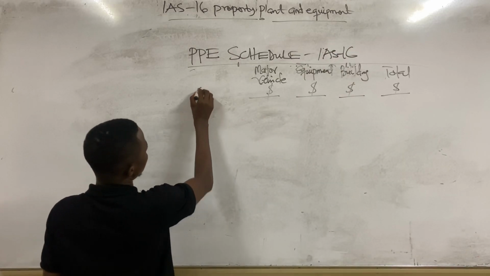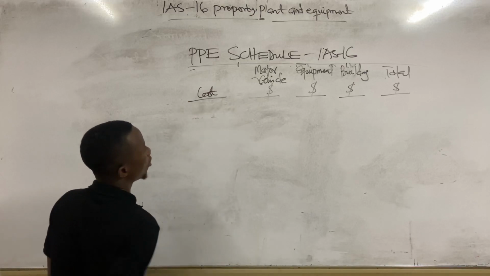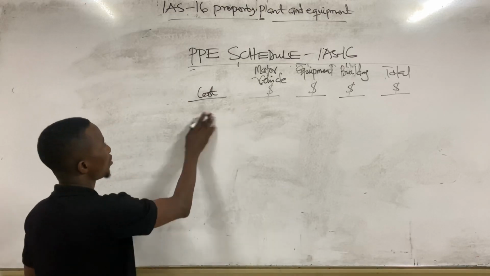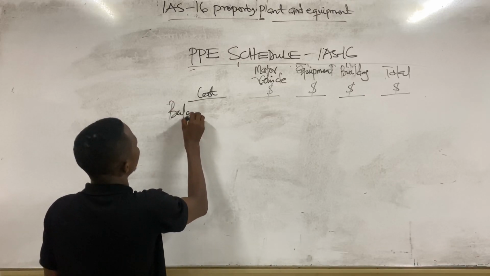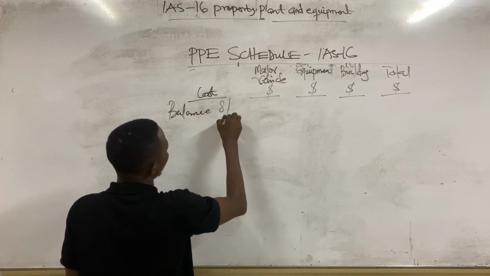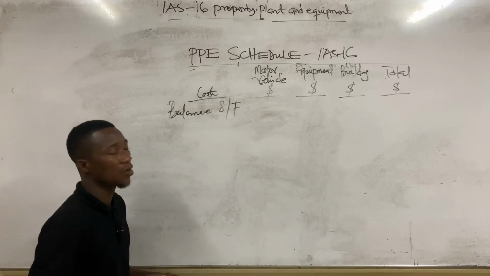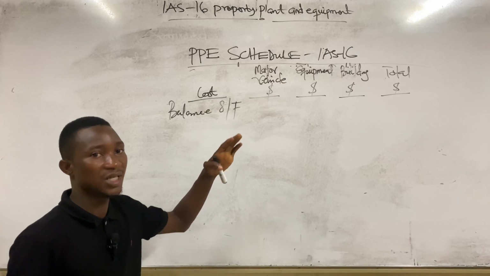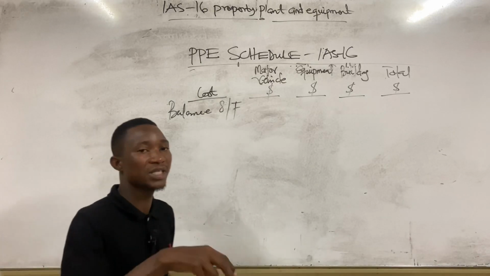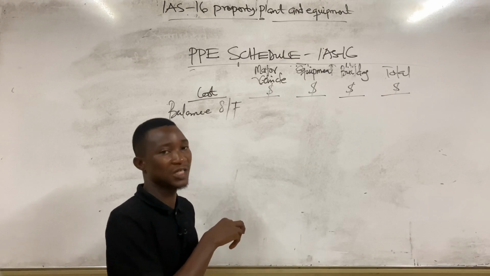So we talk about the cost component of the assets. Then we talk about the balance brought forward. When we are preparing our final accounts, in the trial balance of the assets, the original cost of the assets is the balance brought forward.